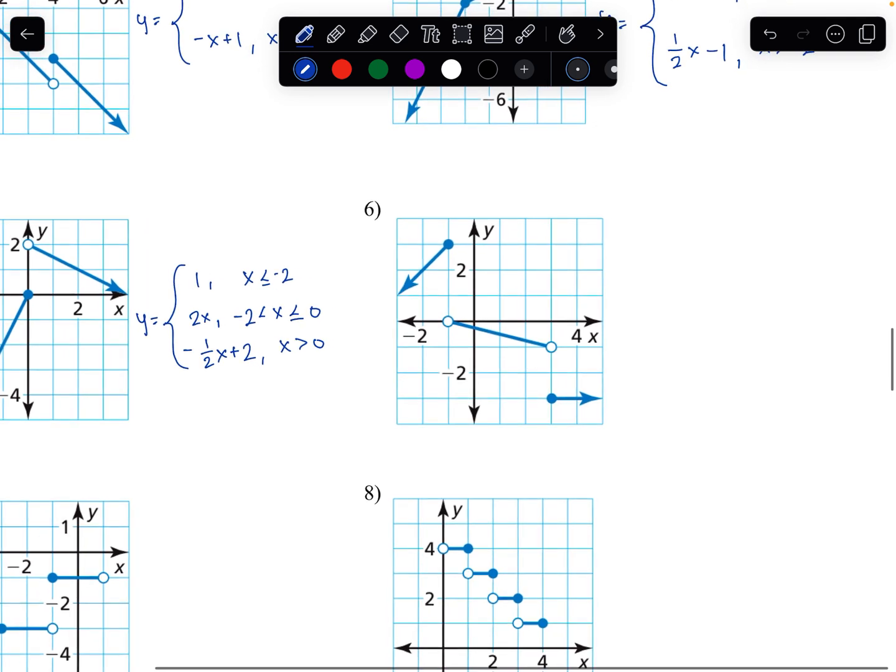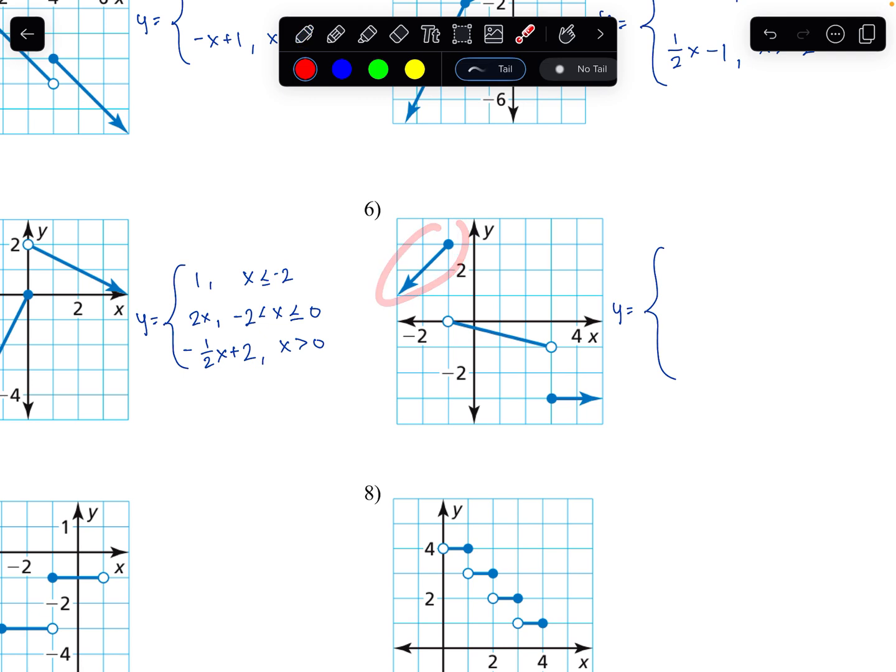Alright, question 6. So y is equal to this first part right here. Looks like we just have a slope of 1. So that's going to be x, but the y-intercept, if I go up 1 and over 1 more, that's going to be at 4. So x plus 4. And this is going to stop at -1 on the x-axis. So x is less than or equal to -1.